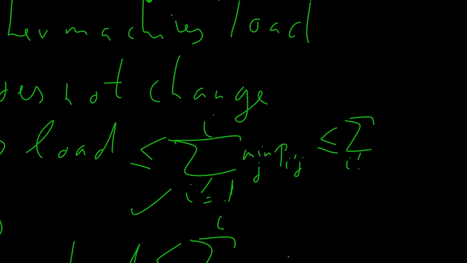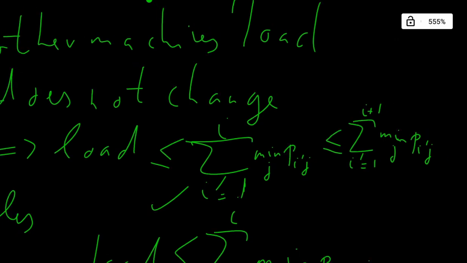We just add the new job's cost, so we are moving to i plus 1 and just sum the minima of these p_{i',j}'s till i plus 1.